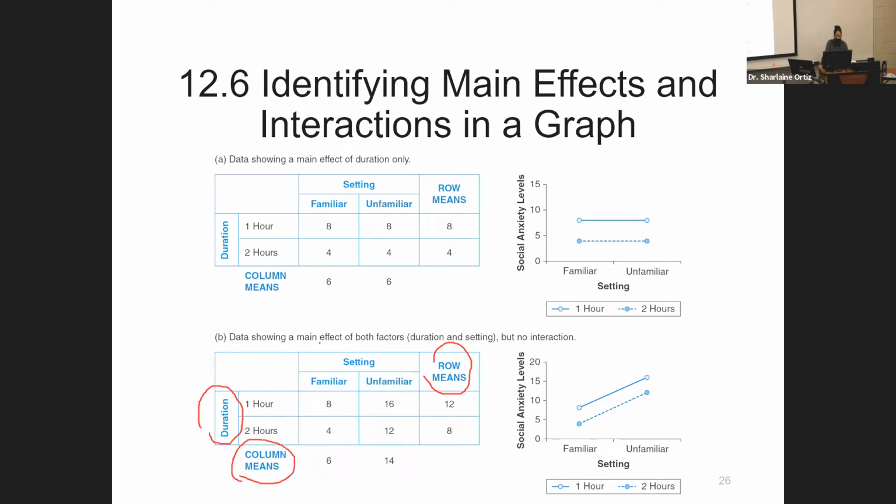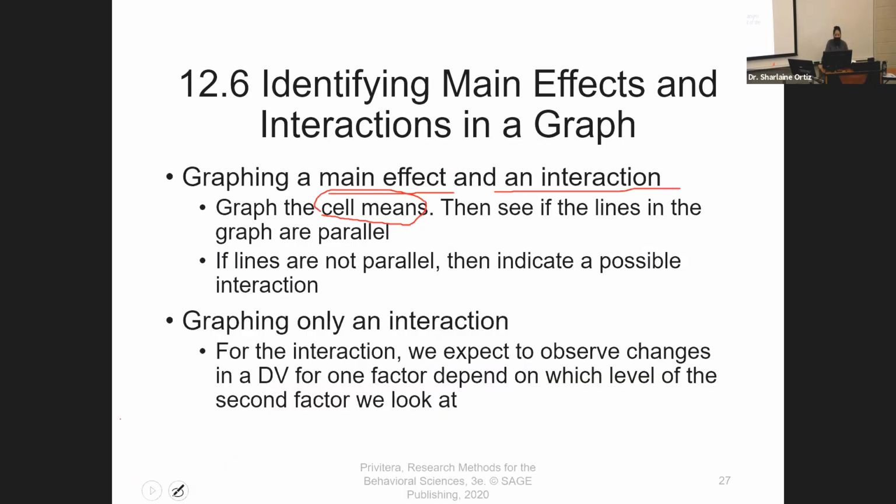So we were using the main aspect in order to determine whether or not there was indeed a factor contribution. Now, after you do so, you're going to determine whether or not the lines remain parallel. If the lines are not parallel, it could indicate a possible interaction.